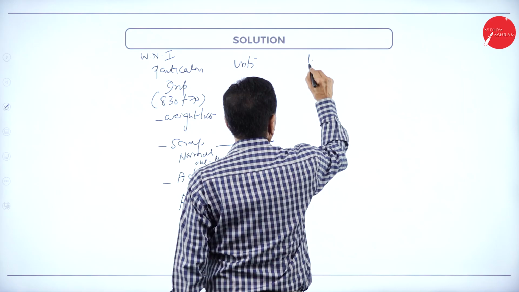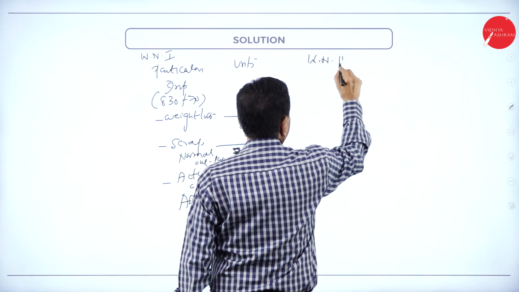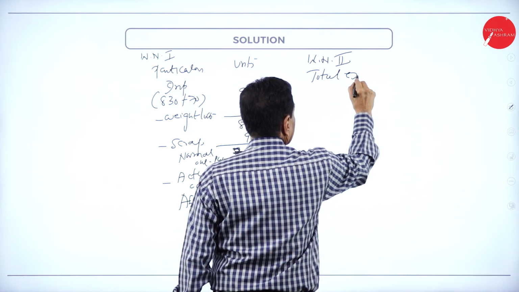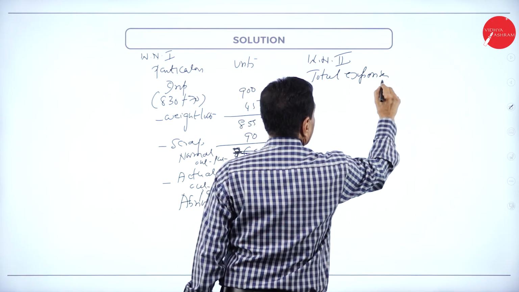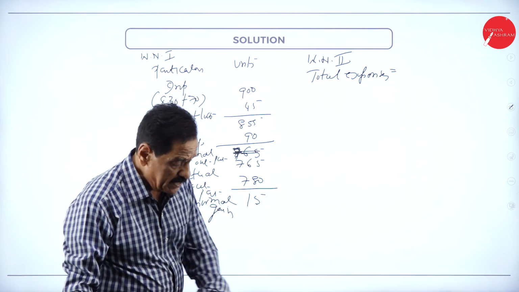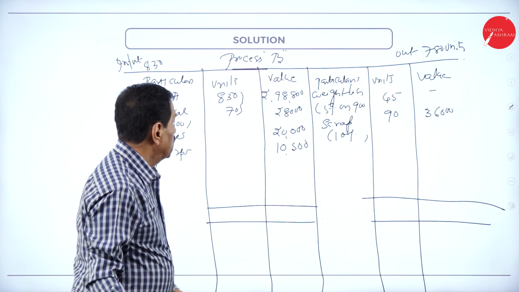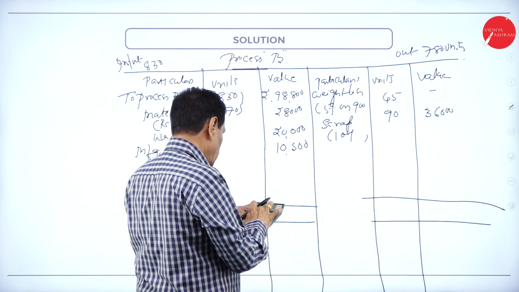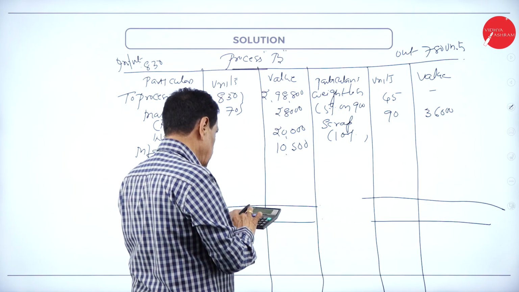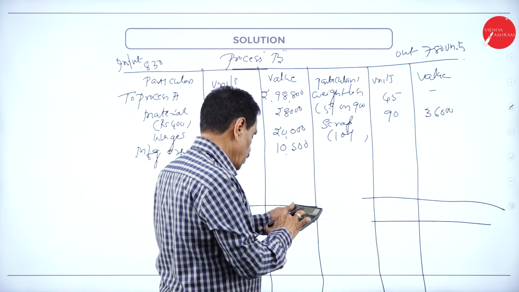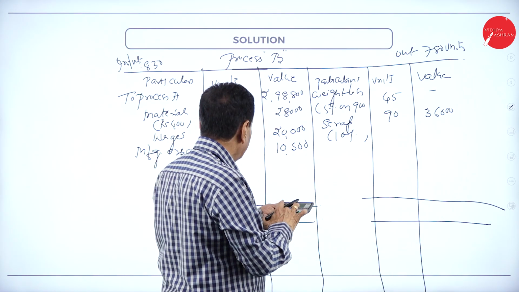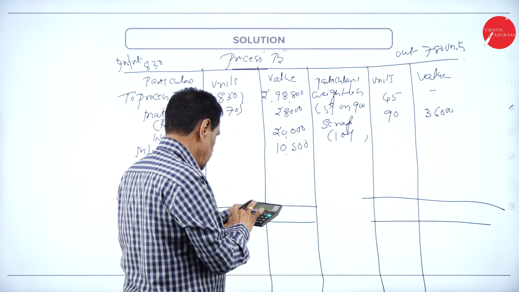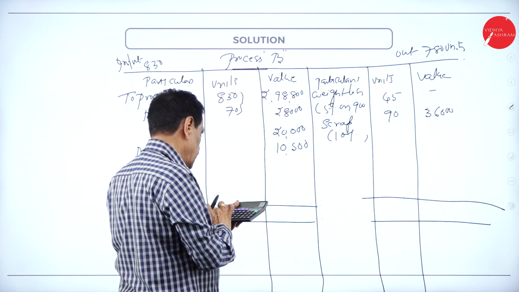Working note number 2. Total expenses. Come back here. This is 2,98,800 plus 28,000 plus 20,000 plus 10,500.